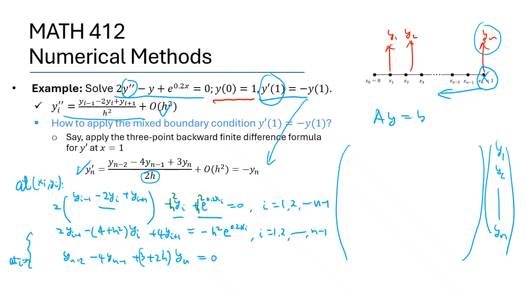When i is 1, you set up this. That's 4, that's 2, negative 4 plus h squared, and 4.